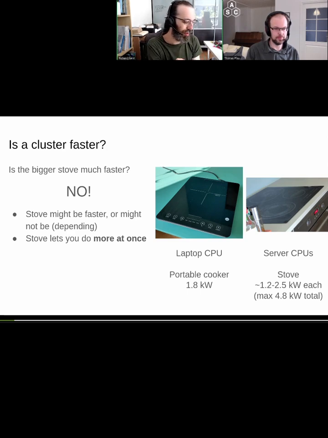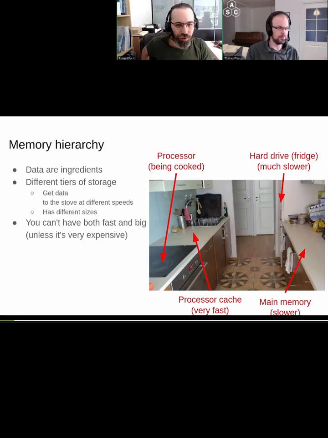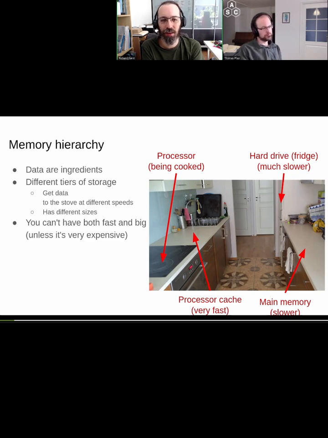So what else? It's really important when you're doing your cooking to understand the memory hierarchy. If the data are ingredients, there are different tiers of storage places you can put that. For example, stuff can start in the fridge. And if when you're cooking you have to go to the fridge to take every single thing you work on, that's pretty slow.